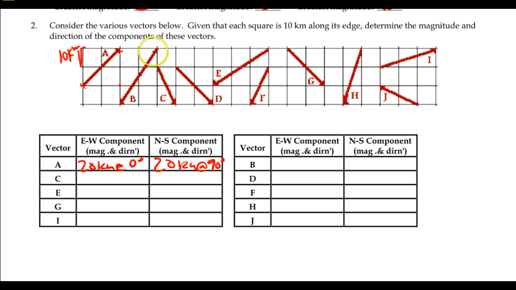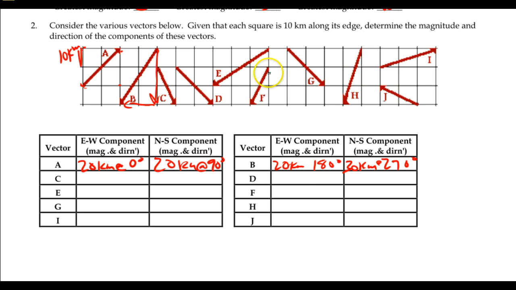B. The southerly component would go from here down to here. That's the north-south, so that's 270 degrees, and it's 3 blocks long, so that's 30 kilometers. The west and east component would be west, so that's going to be 180 degrees, and it's 2 blocks long, so that's 20 kilometers.